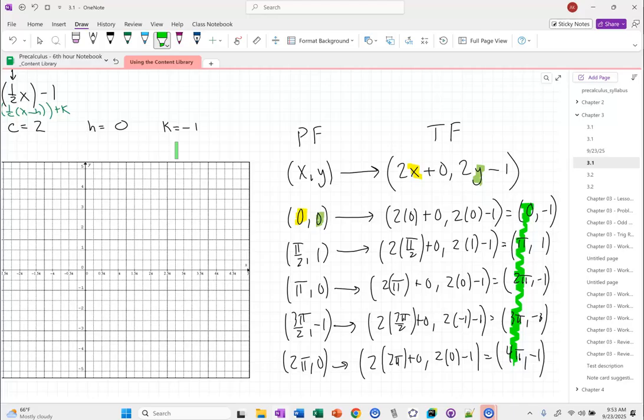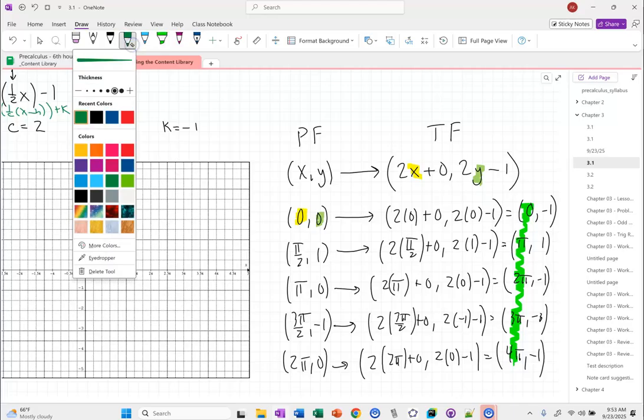If I look at my x coordinates here, do you guys see a pattern on how the x coordinates are changing? Yeah. What's the pattern? They're just going up by the same amount each time, in this case a pi. That'll always happen. Now it won't always be pi.